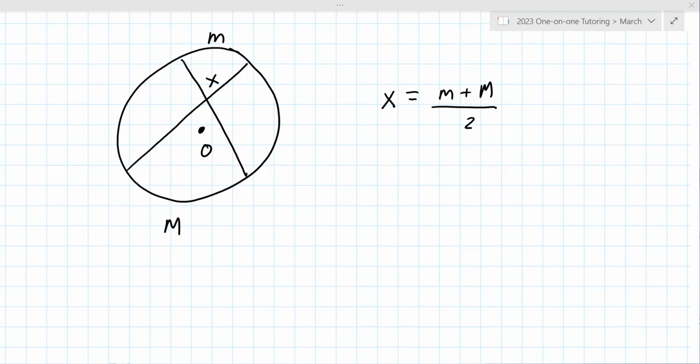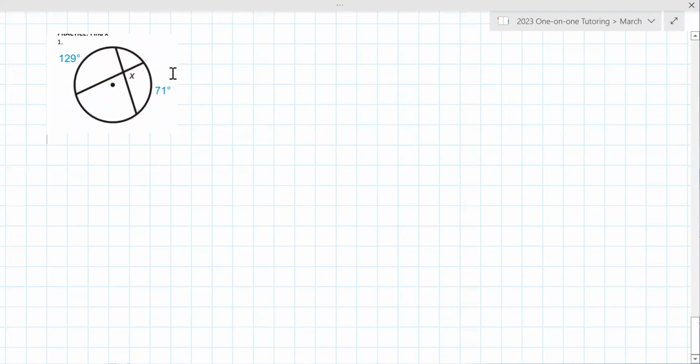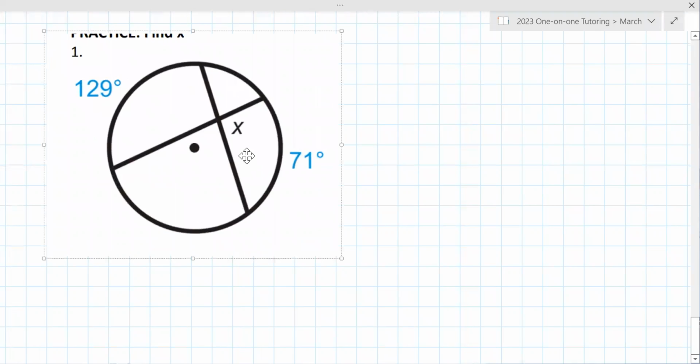It's literally the average. It's not any more complicated than that. You take the average of the two arcs. Okay. So here again, to find x, you have this one arc 129, this other arc 71, and you find the average of those two.